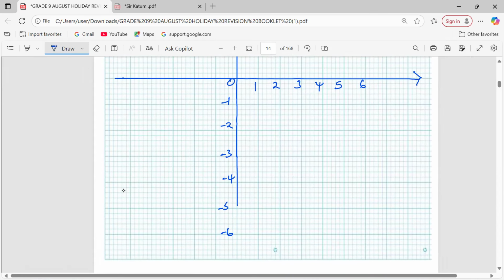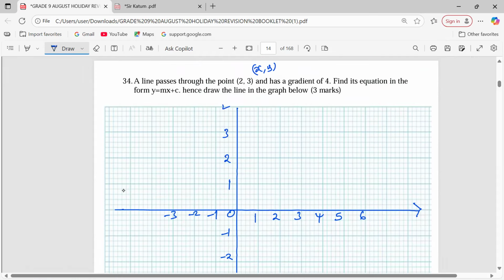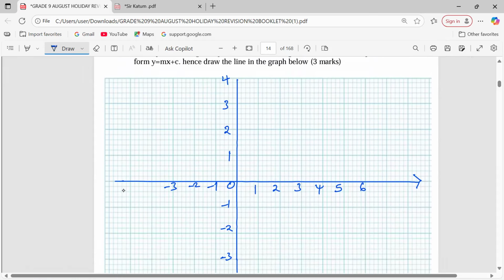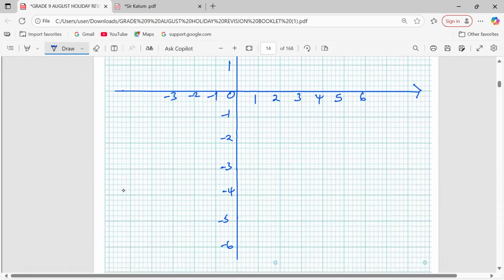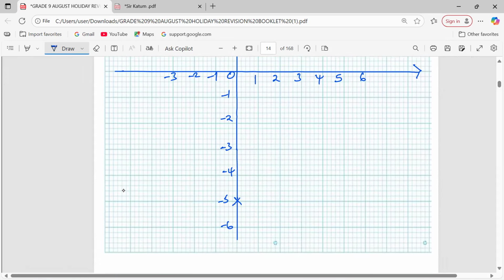You see, it should be flowing all the way to beyond -5. Then here we can have negative 1, 2, 3, 4. Coordinate (2, 3), that's the first coordinate, which is here. And the y-axis should be cut at that point.